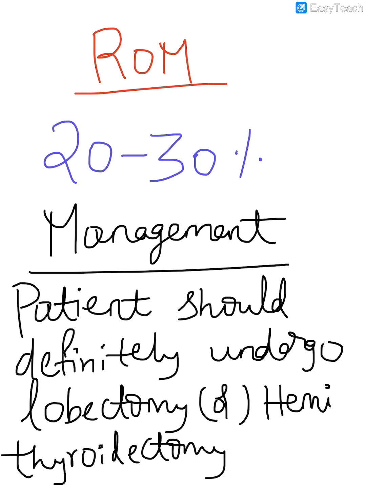Okay, so under category 4, the patient should definitely undergo lobectomy or hemithyroidectomy surgery.